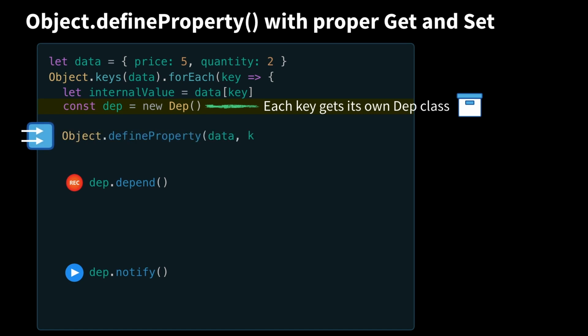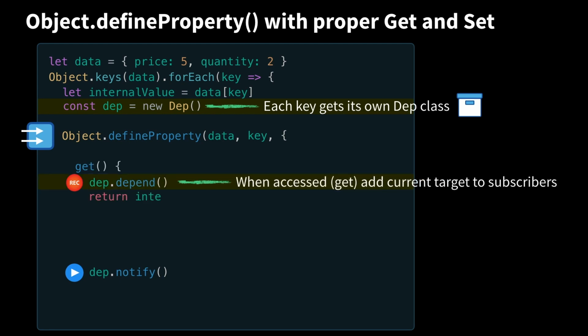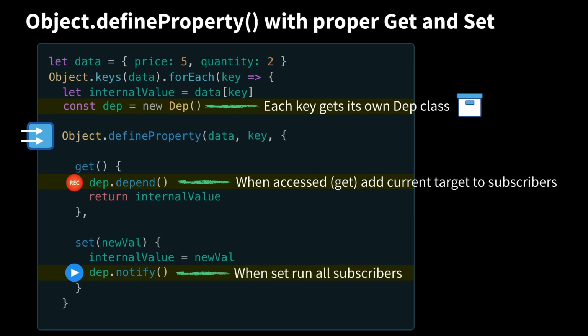We'll call define property on each of them. Nothing new here. Instead of our get method, we'll call dep depend, because when our properties get accessed, we want to add our current target to the subscribers. Then in our set method, we'll set our internal value equal to the new value and call dep notify. This will run all of our subscribers.